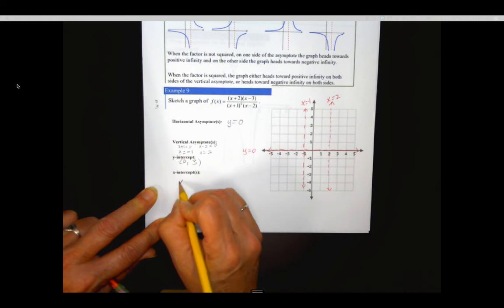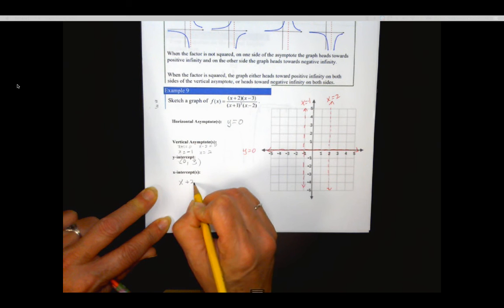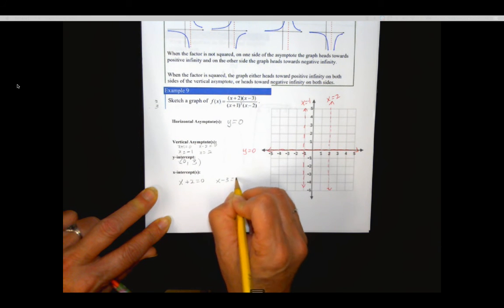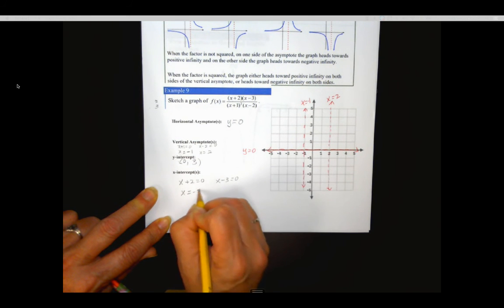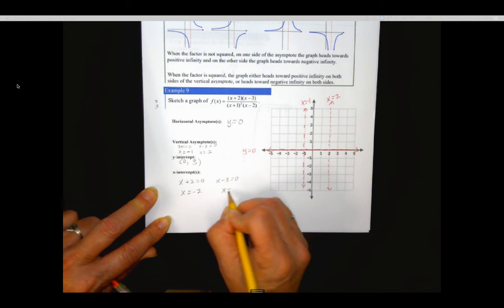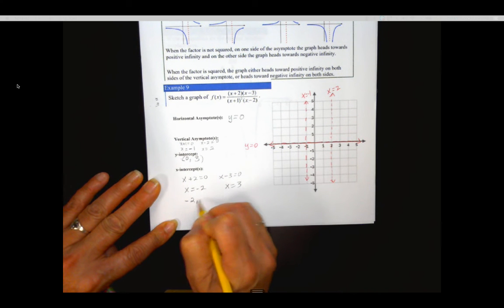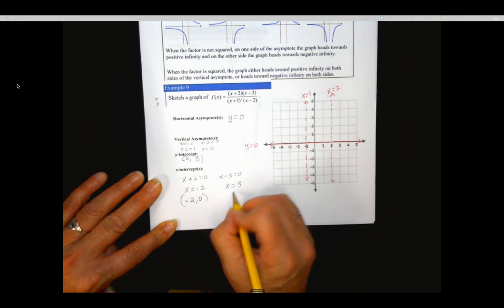So x plus 2 equals 0, and x minus 3 equals 0. So when x is negative 2, or when x is 3, that's where you will have your x-intercept. So I have the x-intercepts at the points negative 2, 0, and 3, 0.